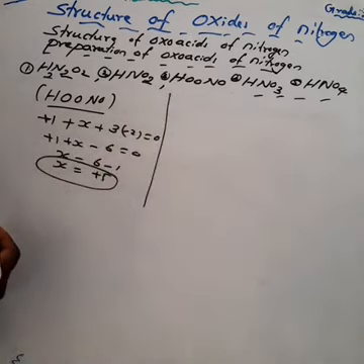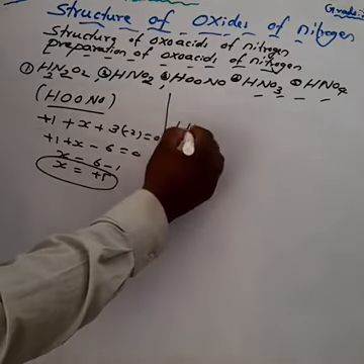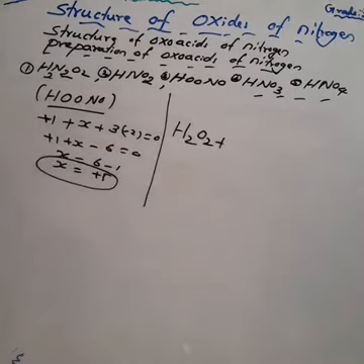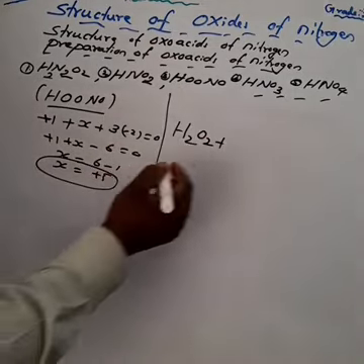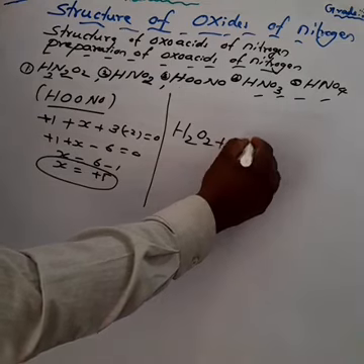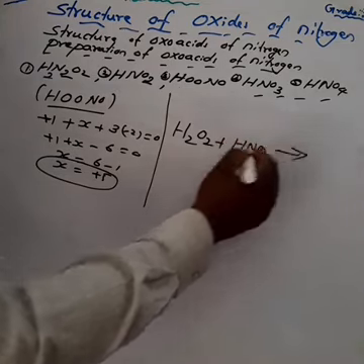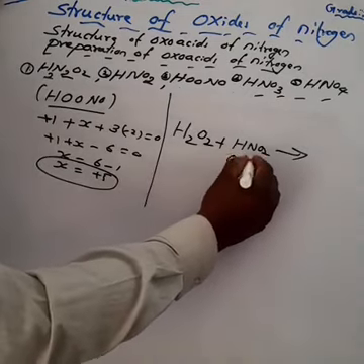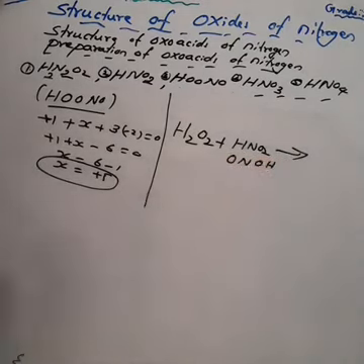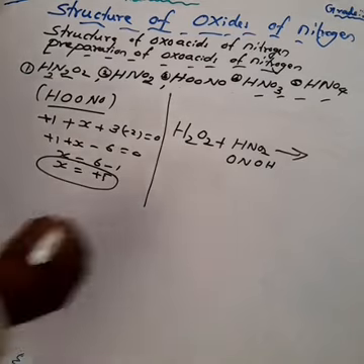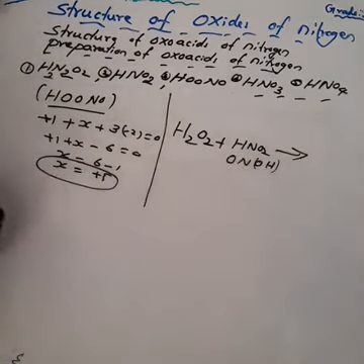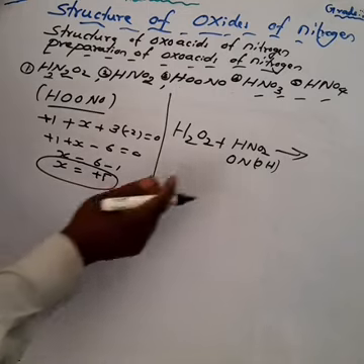Next, we have to write the equation. We are taking hydrogen peroxide. What is the formula of hydrogen peroxide? H2O2. This one reacts with nitrous acid. What is the formula here? HNO2, otherwise we can write it as ONOH. In this hydrogen peroxide, one of the oxygens is attached to OH.